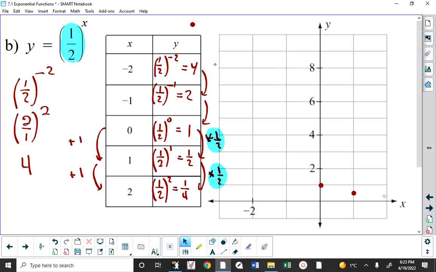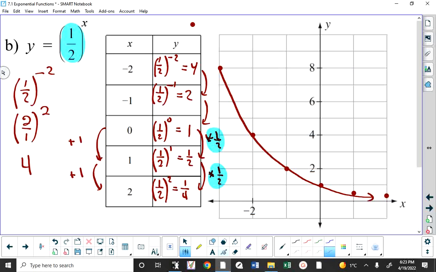And this is a point that I would be hesitant in actually plotting, but I guess I can put it in there. When x is -1, y is 2. When x is -2, y is 4. If I were to go to -3, y would be 8. And this is what the function looks like.